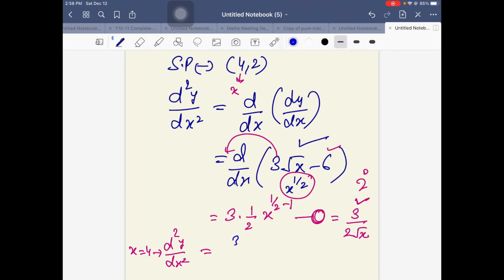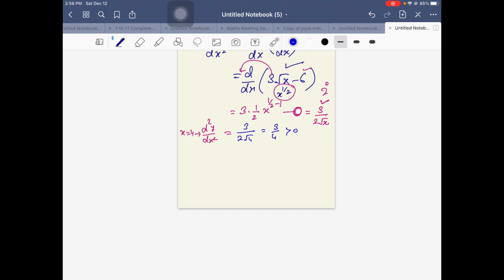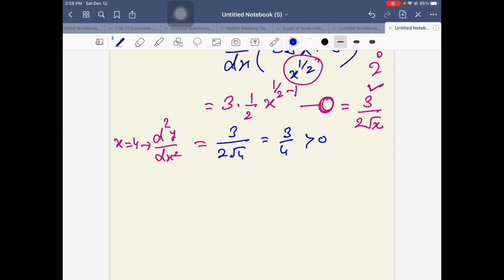We get 3 by 2 root 4, which is 3 by 2 times 2, which is 3. It's positive. The second derivative is positive. Whenever the second derivative at a stationary point is positive, that stationary point is a maximum or a minimum.